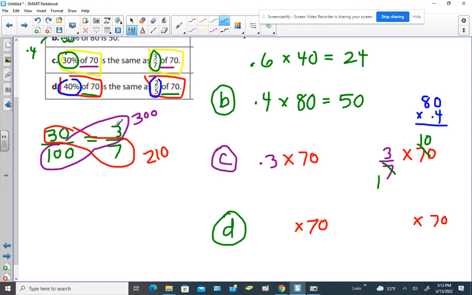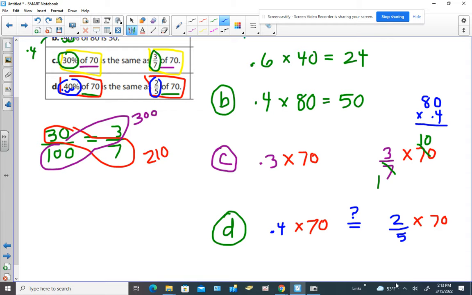Now, if we like the idea of converting this to a decimal, we would move that over 1, 2 to the left. So that would be 4/10. You can go ahead and do the algorithm for this and see what you get. And then let's put the 2/5 over here. And you can go ahead and do the algorithm for this and decide, are they equal or not? Or are they not equal?